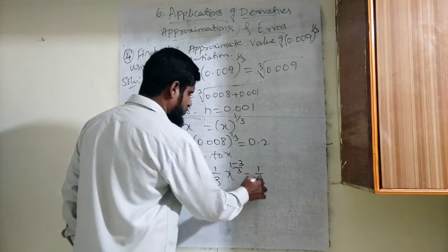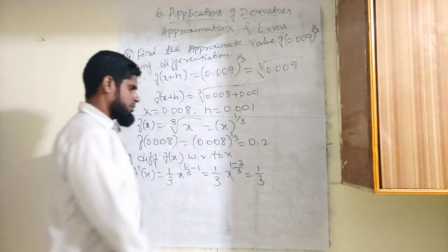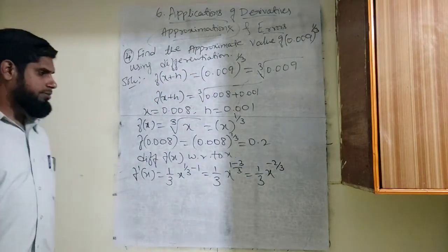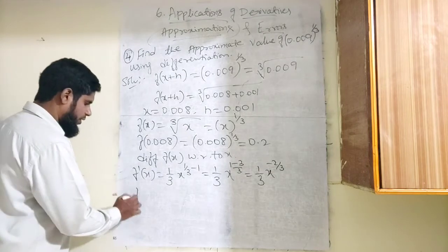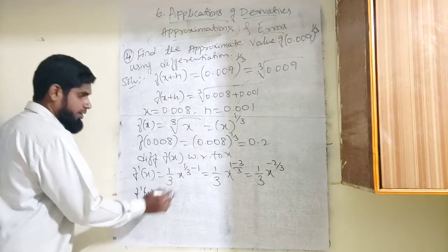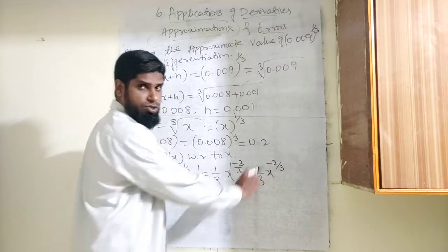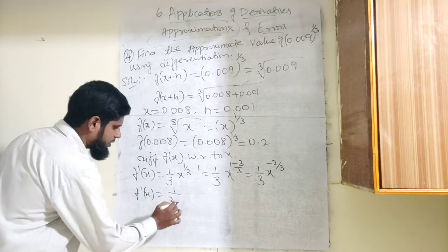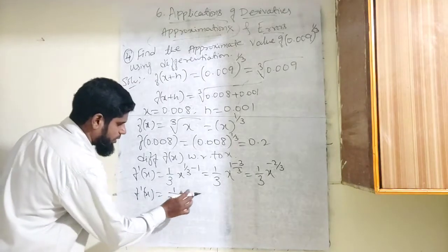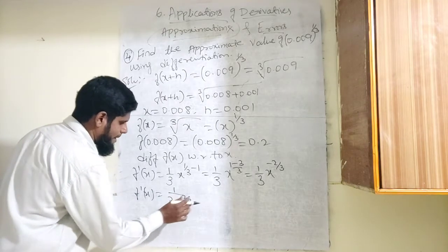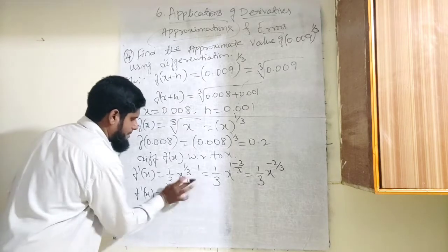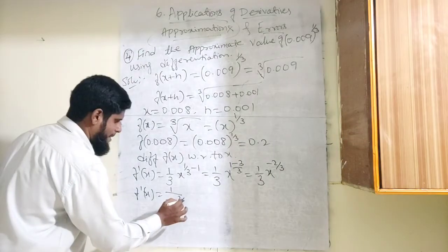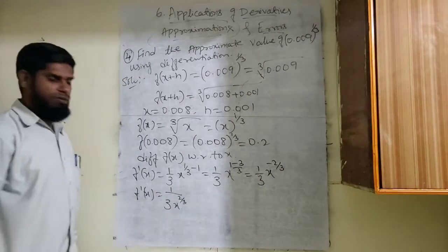So it is equal to 1 by 3 into x power minus 2 by 3. So finally our f dash of x, since the power is negative here, we convert it to positive. So I can write this as 1 by 3 into 1 by x power 2 by 3.